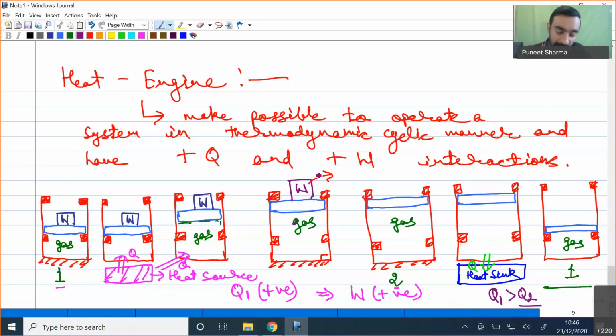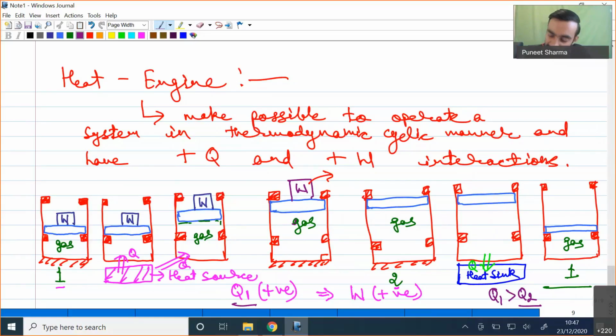So we were spending some amount of energy in raising the weight and some amount of energy was required to expand the gas. That's why our Q1 amount will be more in comparison to Q2, because in case of Q2 now, our sole purpose is to bring the gas to our first, initial thermodynamic state.